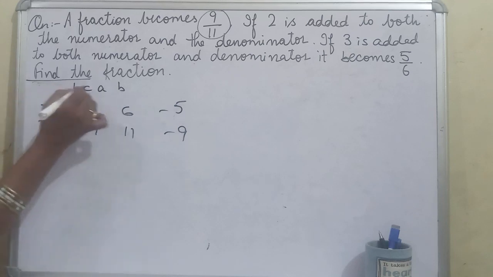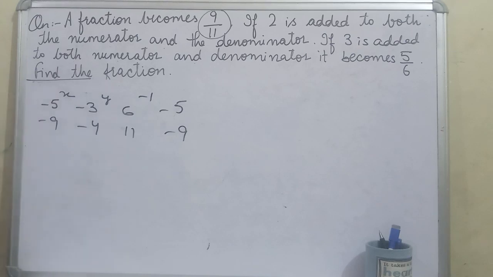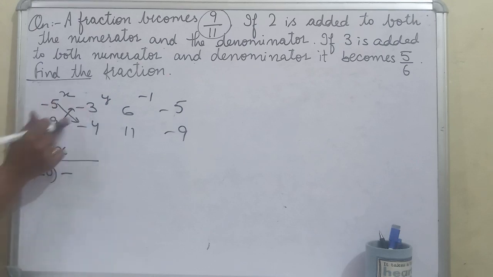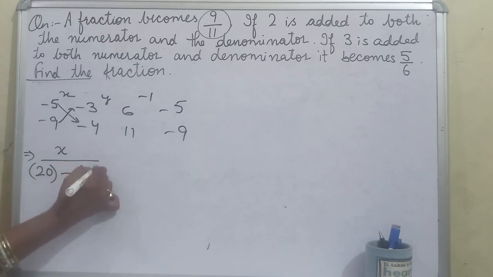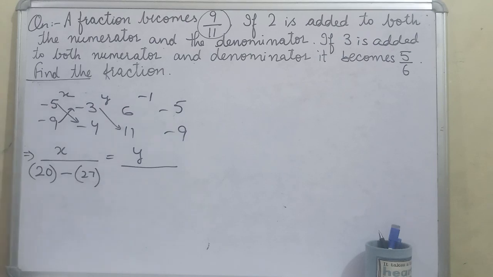This is for x, this is for y, this is for minus 1. So this implies x upon, multiply it in a cross way. So this will be 20, put a sign of minus. What is the multiplication of these two? 27. Similarly, y upon, minus 33.